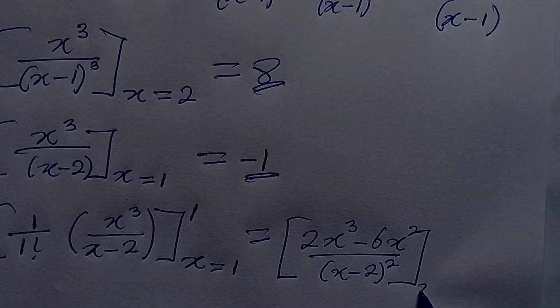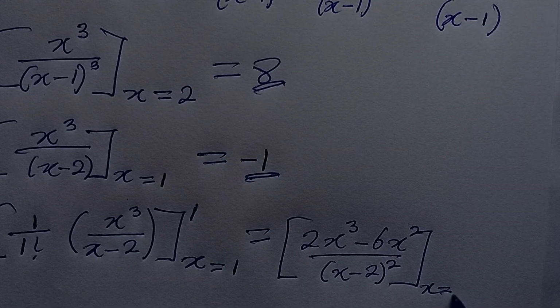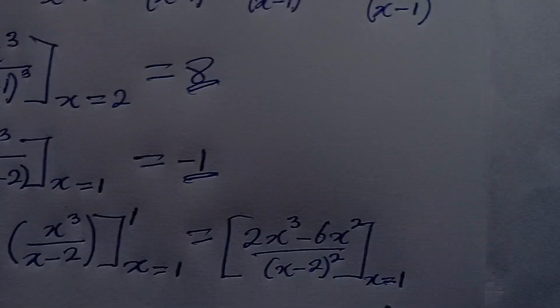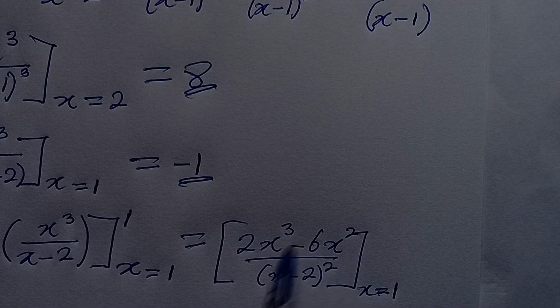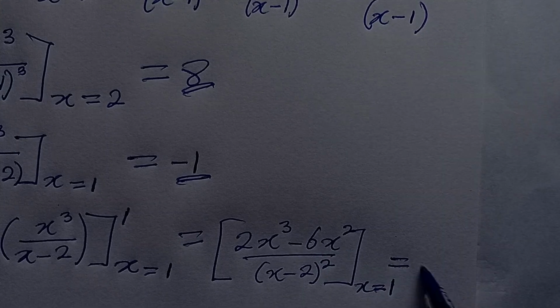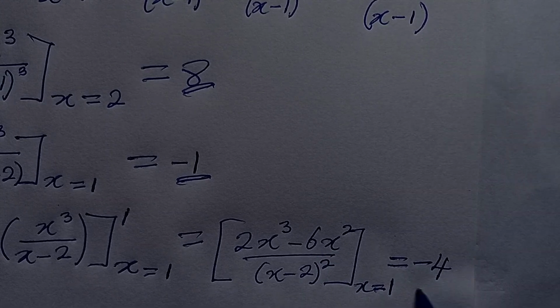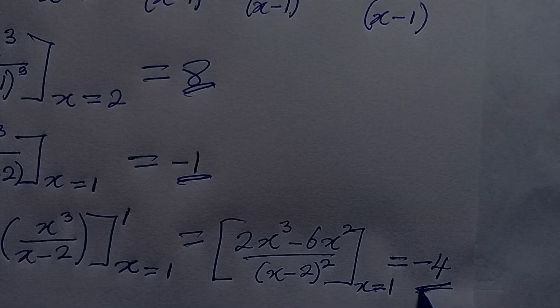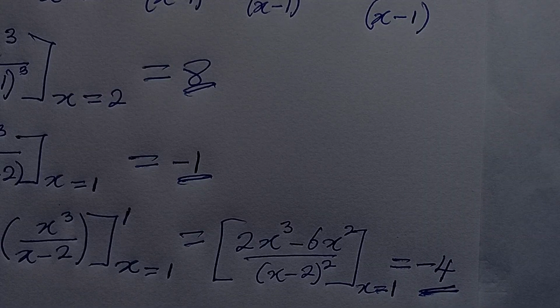There, remember we set our x to be equal to 1. So if you put in 1 into everything here, then this is going to give us minus 4. So we have our b2 to be minus 4.